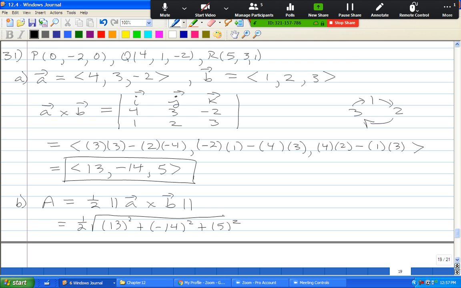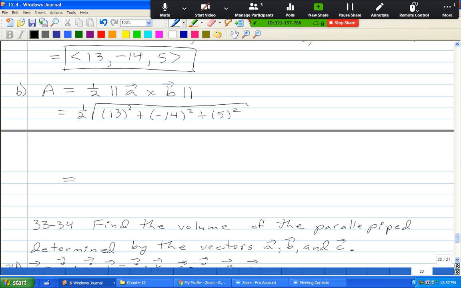So this is equal to 169 plus 196 plus 25, which is 390. And you really can't simplify that anymore. And so that's your area.